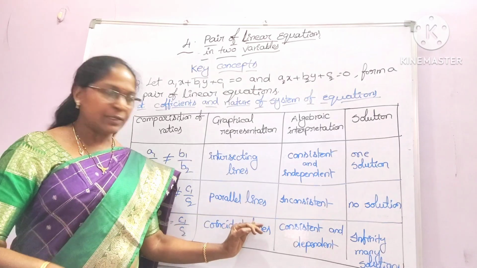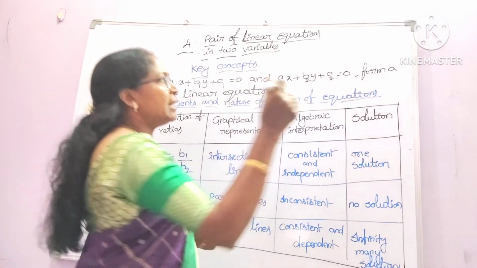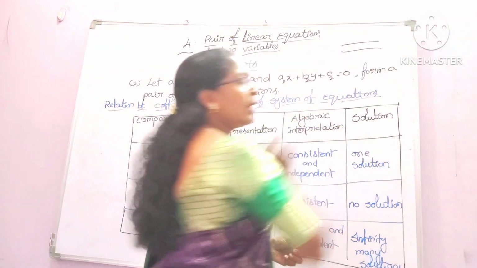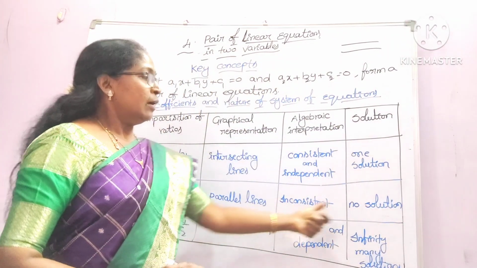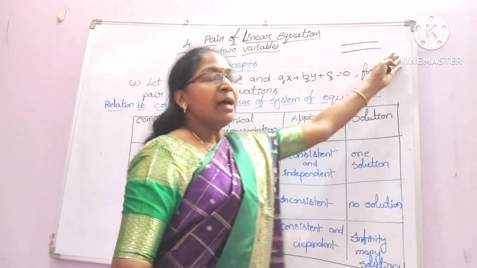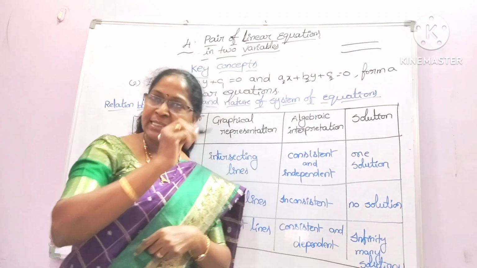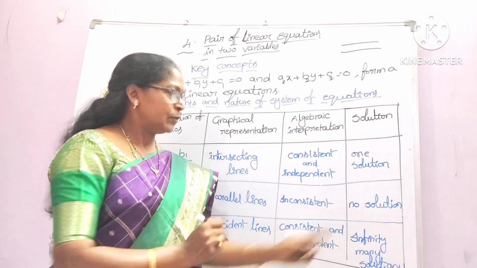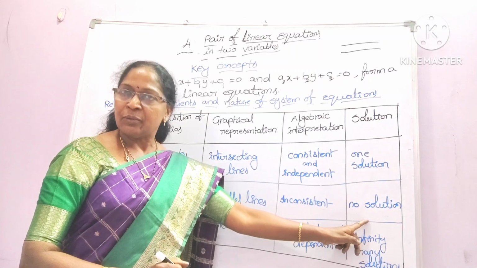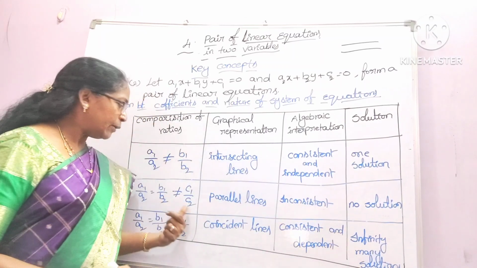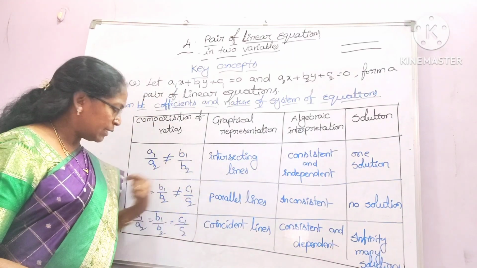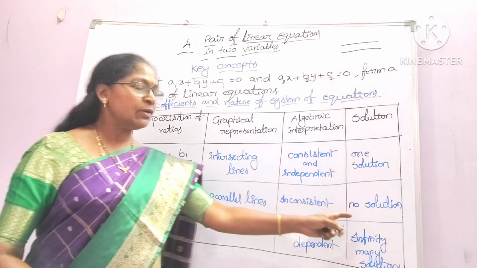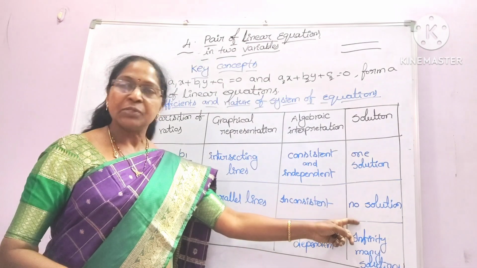They never meet. These two are parallel lines. Then no solution, because only the intersecting point is the solution. Directly you can find out by using the ratios of these coefficients.